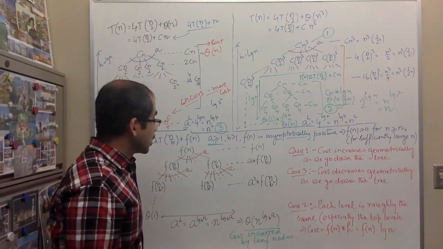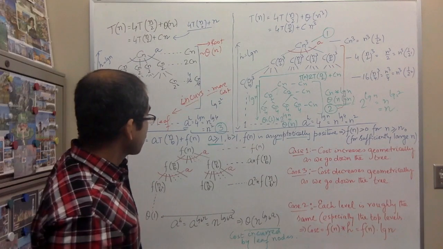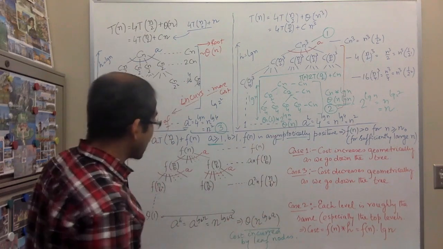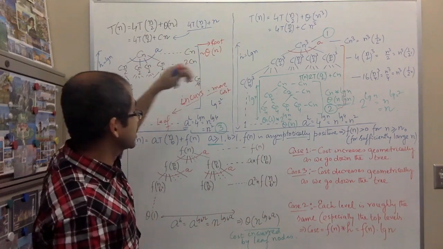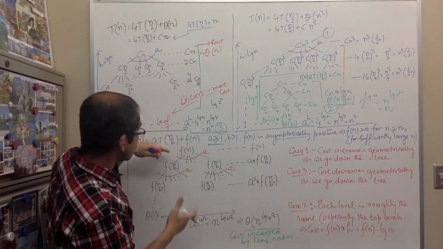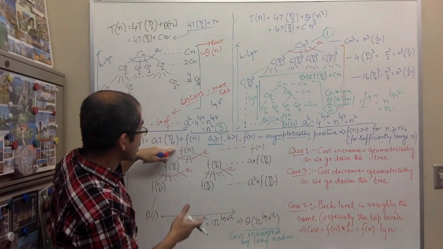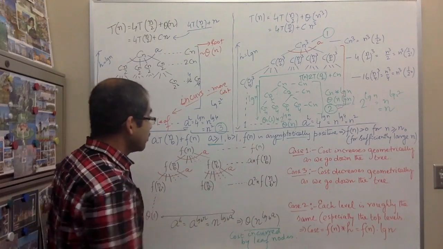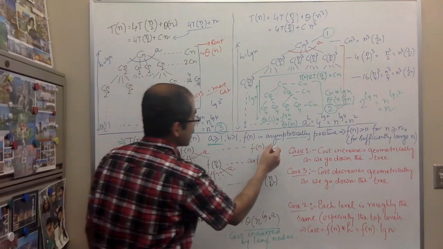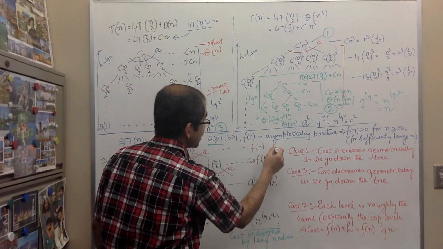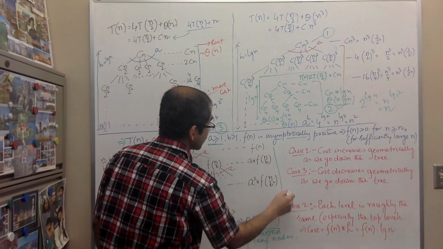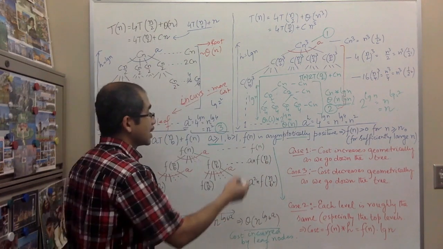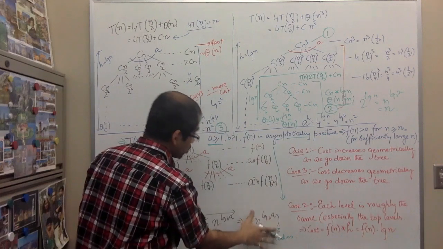Here there are 3 different cases which can happen. Like we did previously, we compare the cost incurred by the leaf level and the cost incurred by the root level. If the root level is higher, this will form a decreasing geometric series, and the cost will decrease from root to leaf.